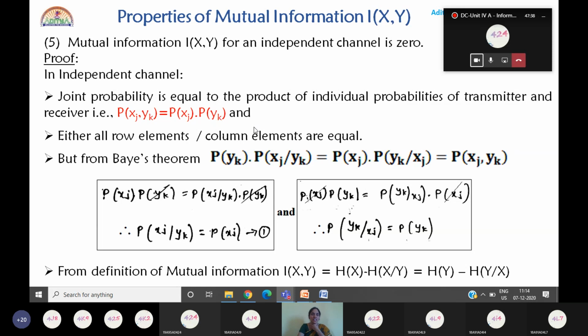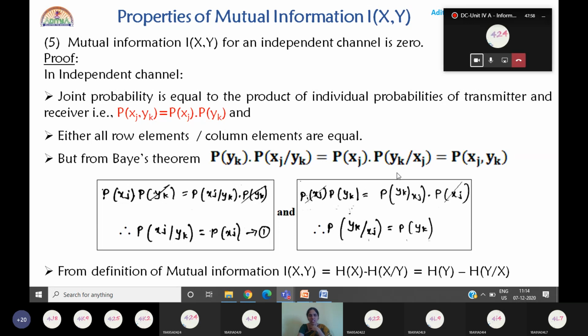Now, from the Bayes theorem, once again, let us recollect. The joint probability P of xj comma yk is equal to P of yk into P of xj by yk, or P of xj into P of yk by xj.